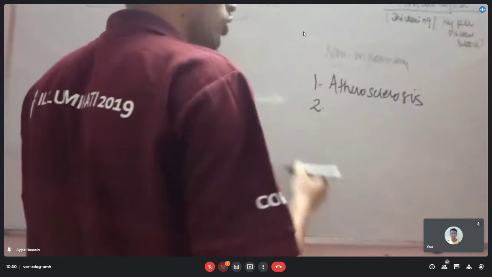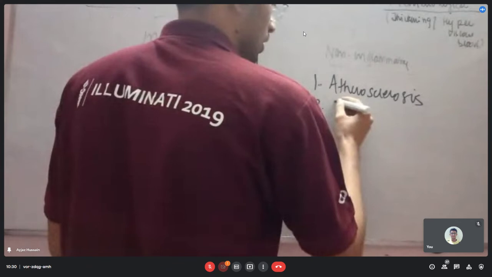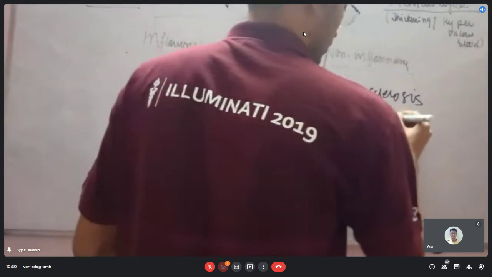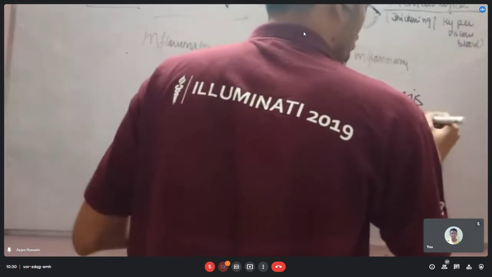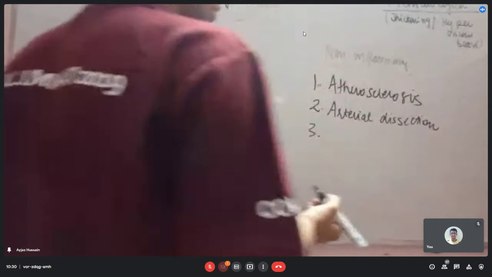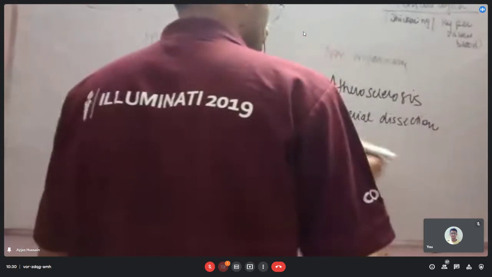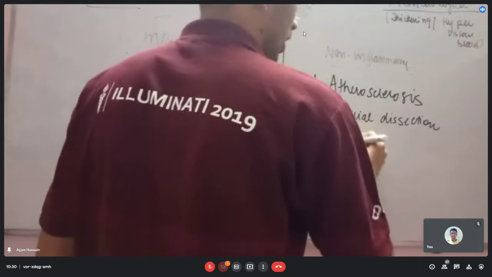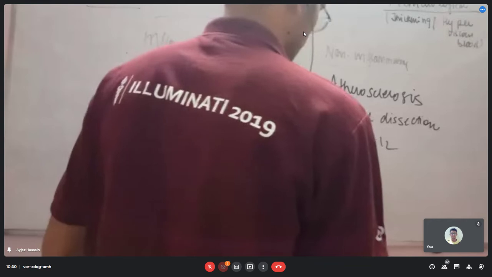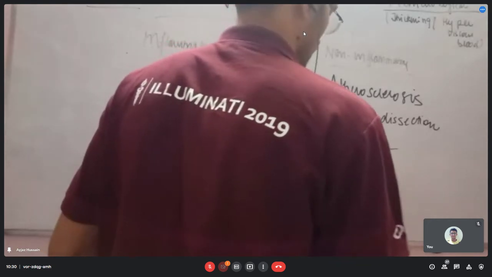The other non-inflammatory cause is something called arterial dissection. There's a very good story I'll tell you about arterial dissection that leads to stroke. The third non-inflammatory cause is something called CADASIL. And the fourth cause is moyamoya.